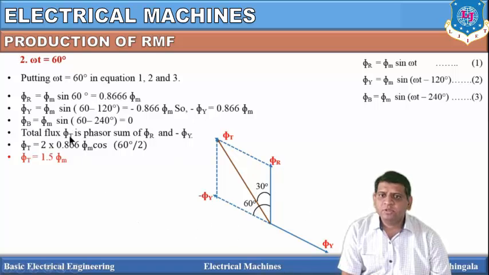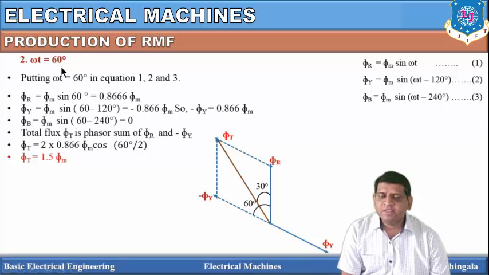From the initial position where omega t is equal to 0, at angle 60 the complete phasor diagram has moved in the upward direction. What we are proving is how the magnetic flux rotates in the three-phase induction motor. The magnitude of the flux remains the same, but the position of the vectors, that is, of the magnetic field, is continuously rotating.